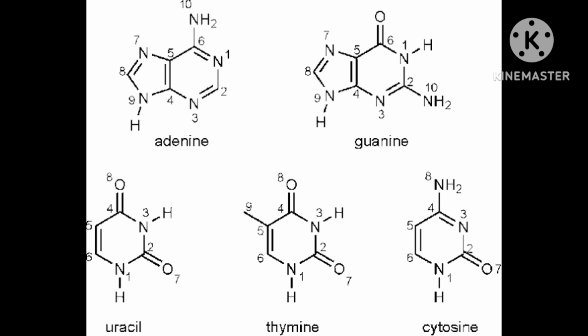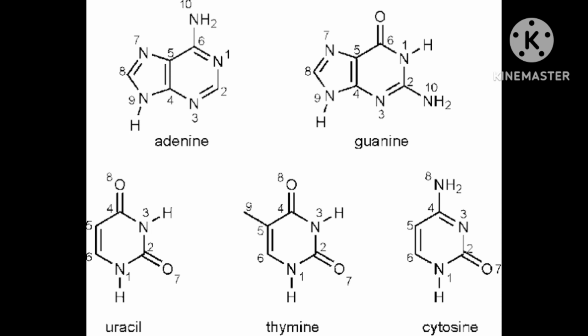Then the adenine structure, I am telling you, here 2 rings are there. One is a 6-member ring and the other is a 5-member ring. Both are attached to each other. Correct? A carbon-carbon double bond is common in both structures. Then in the 6-member ring, two nitrogens are there.